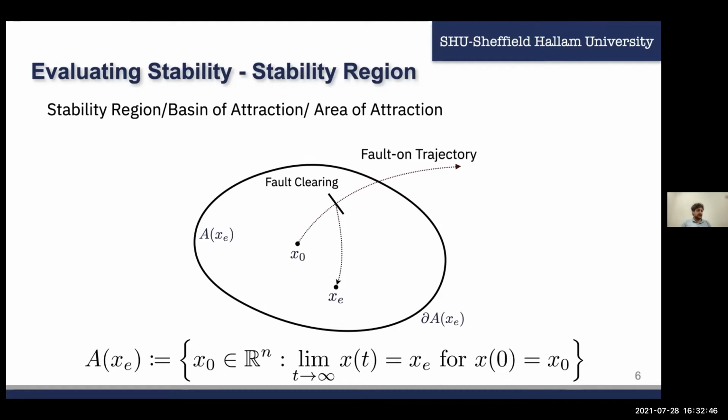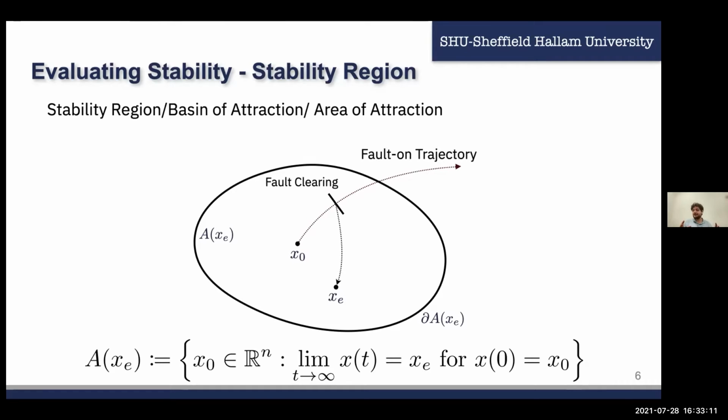The idea of the stability region is that, given an equilibrium point, we want to know the set of initial points whose solution trajectories converge to the equilibrium point as t goes to infinity.